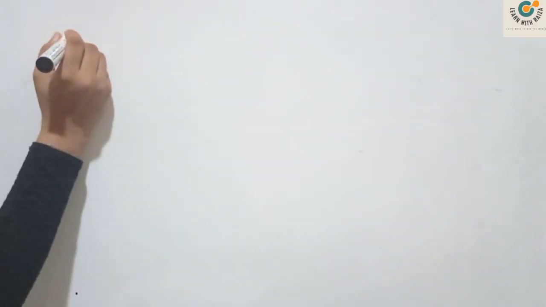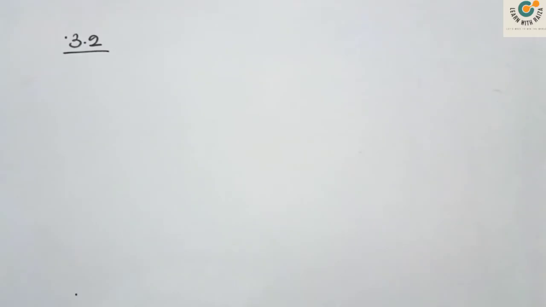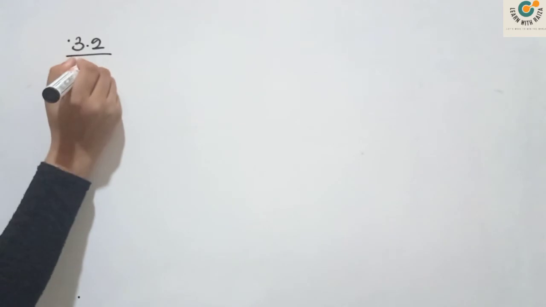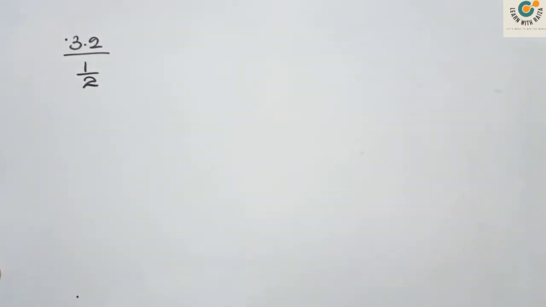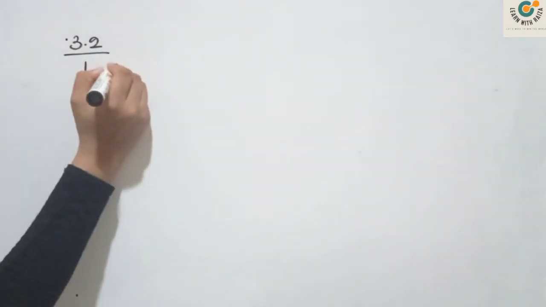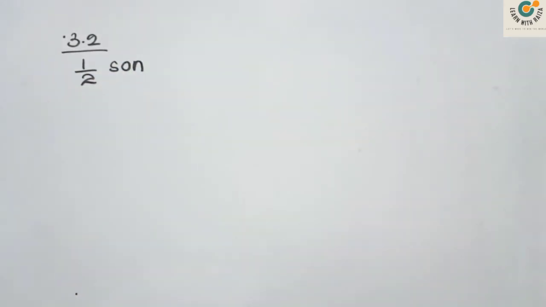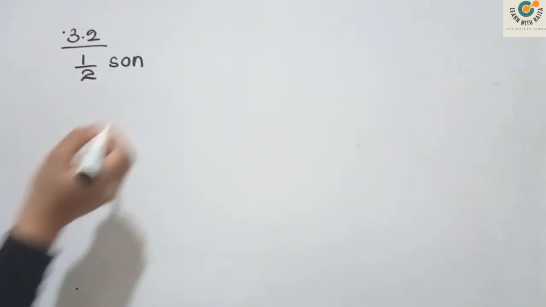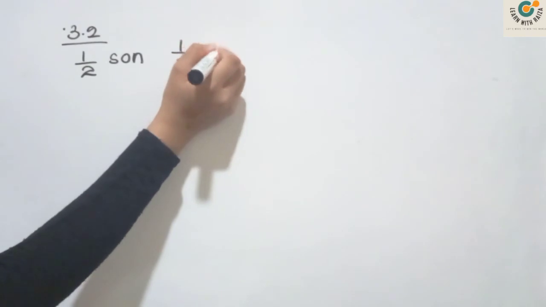Right. Another question taken from exercise 3.2, the last question. A father gave half of his land to his son, and 1/3 to his daughter.